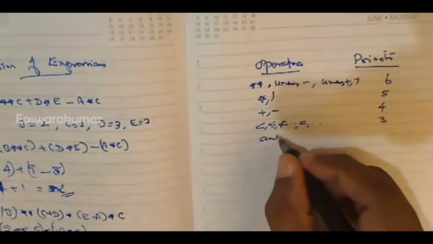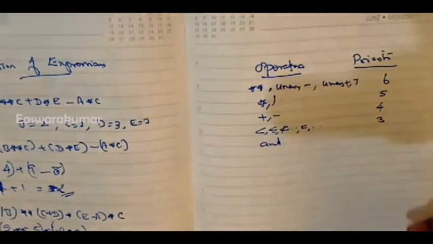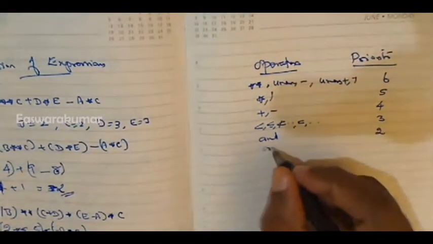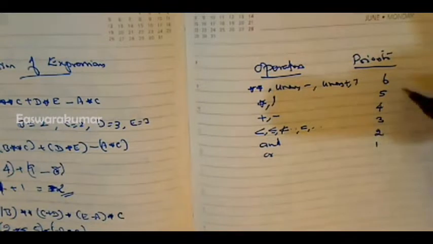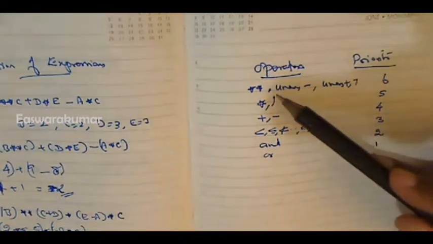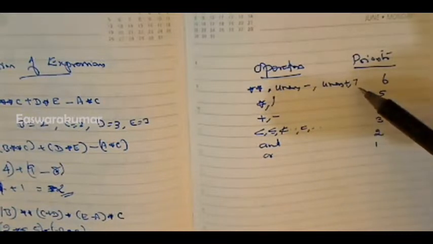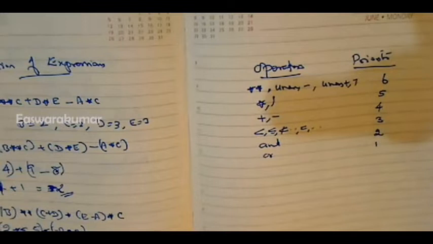Then the AND operator, that is a Boolean operator, right? AND has priority 2. Then the OR operator, priority 1. These are some of the operators we usually consider. Only those we have taken, and accordingly we have assigned the priorities. Remember the top ones, that is exponent, unary minus, unary plus, and negation or not. These have the highest priority, 6.